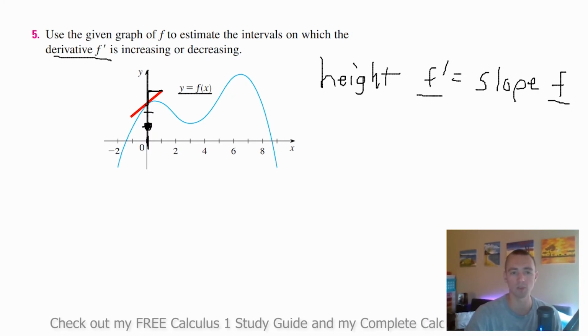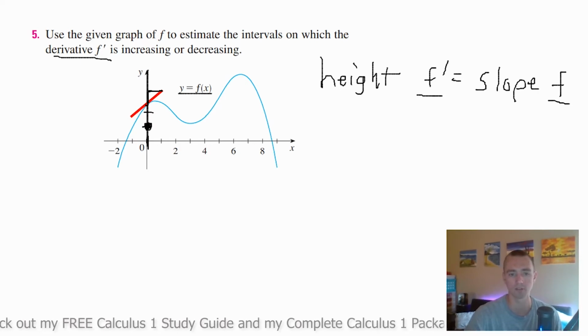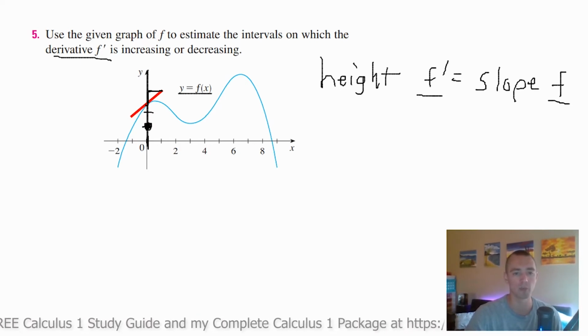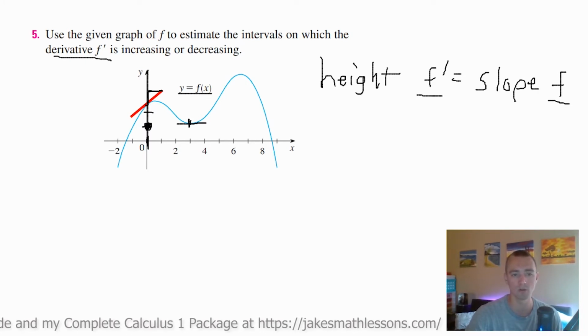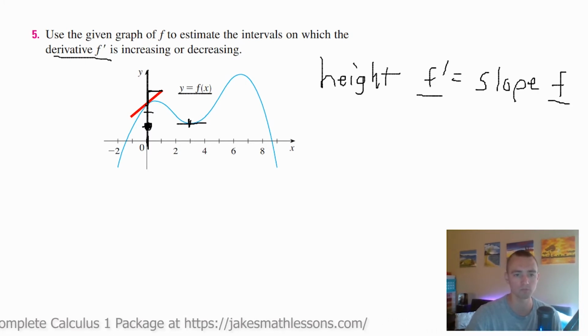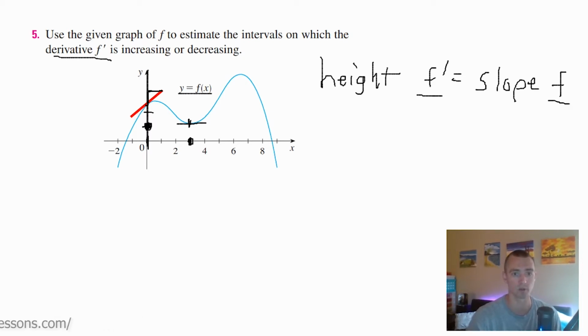And we could do the same thing as we go across to any x value here. If we pick, for example, a point where f clearly has a slope of 0, it has a local minimum here, that means f prime is going to be 0 at that point, because the slope of f is 0 at this point. You could do that for any x value as you go along.